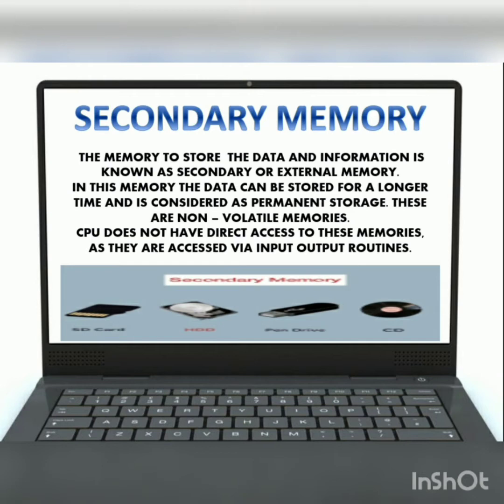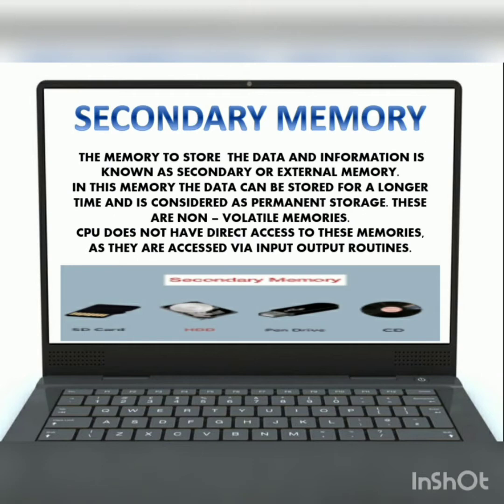So the memory attached externally to store the data and information is known as secondary or external memory. Kids, these are used for storing data and information permanently. If you save any type of data, any type of information in any secondary memory, then it will be saved for a longer period until you delete it.